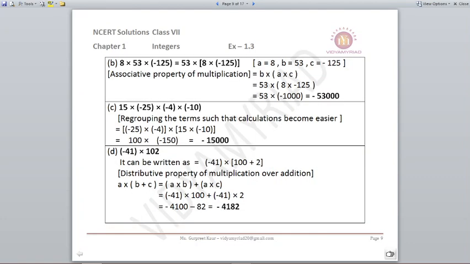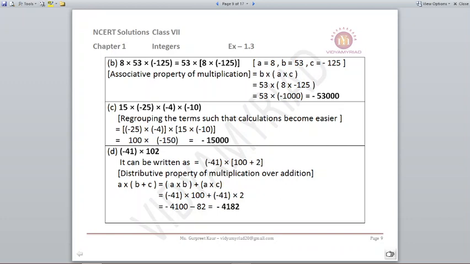B part. 8 into 53 into minus 125 is equal to 53 into 8 into minus 125. Why did I do it like this? I need to regroup it in such a manner that my answer comes in thousands or hundreds, or my calculations become easier.